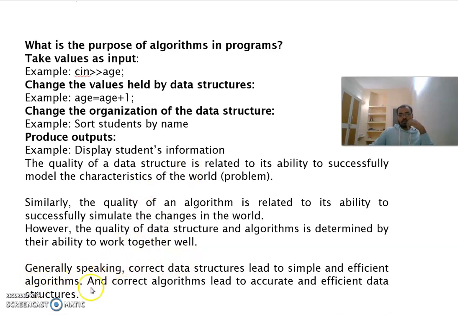Generally speaking, a correct data structure leads to simple and efficient algorithms, and a correct algorithm leads to correct, accurate, and efficient data structures. If one is correct, it leads to the other. If you have an efficient data structure, it leads to an efficient algorithm.